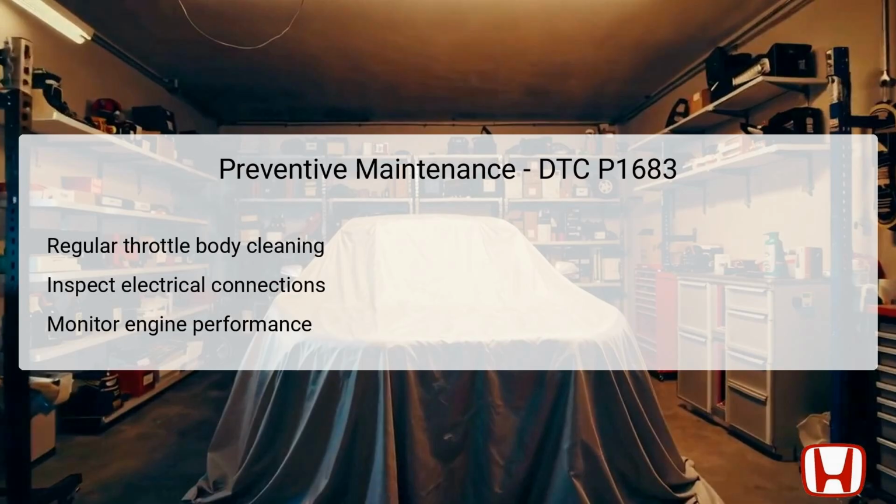Regularly monitoring engine performance and being alert to any unusual behavior can help catch emerging problems before they become significant safety concerns. By adhering to these preventive measures, drivers can ensure that their Honda Civic remains in peak condition and maintains its drivability and efficiency.